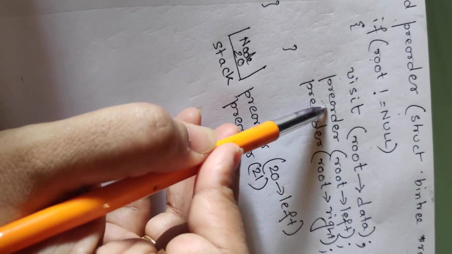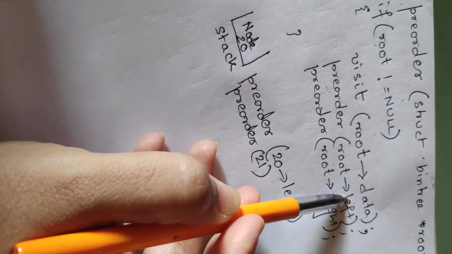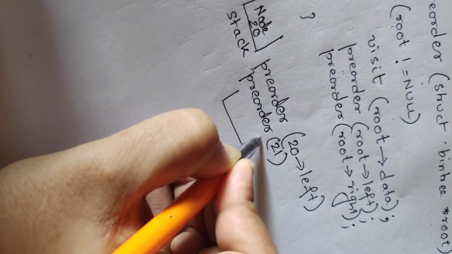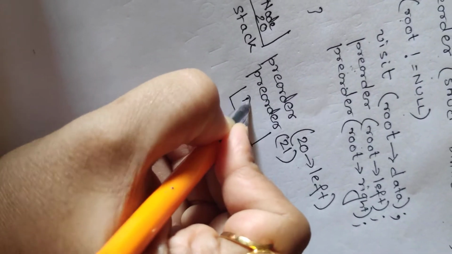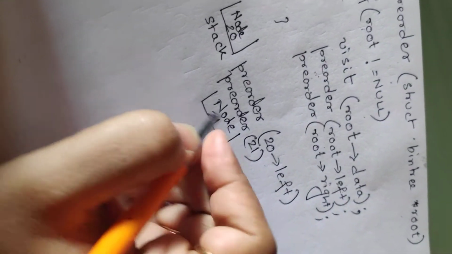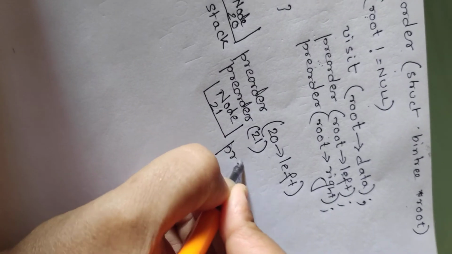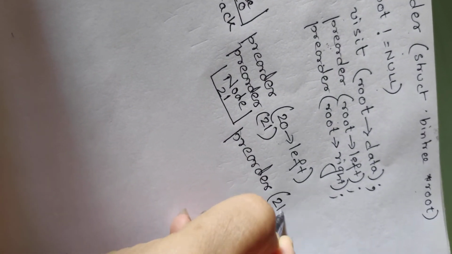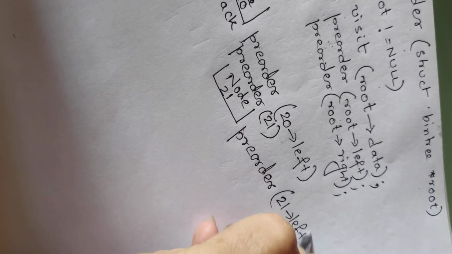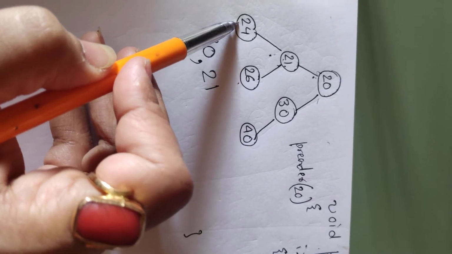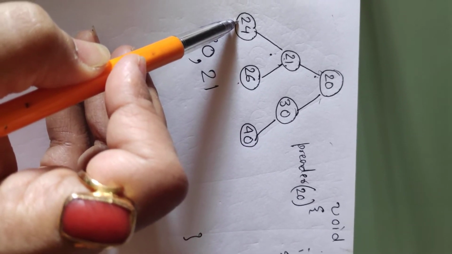So again you are doing a recursive call of root left. So what happens? You save node 21 on the stack and you call preorder root left, that means 21 left. Now what is there in 21 left? In 21 left we have the node 24.